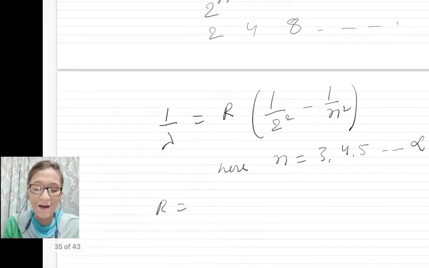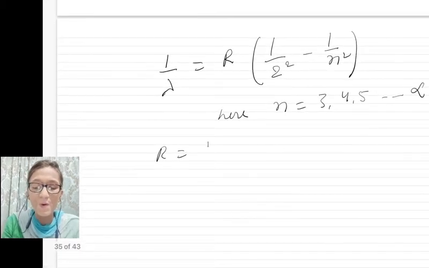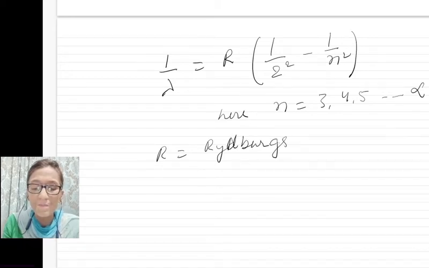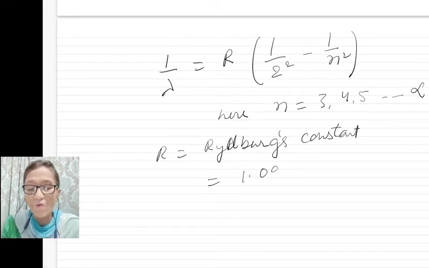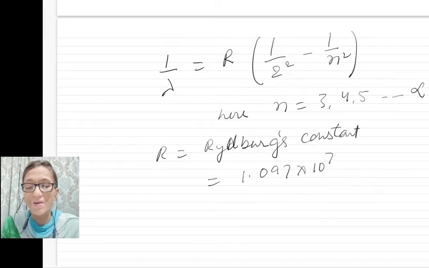And R is equal to Rydberg constant, and has value 1.097 into 10 to the power 7 per meter.